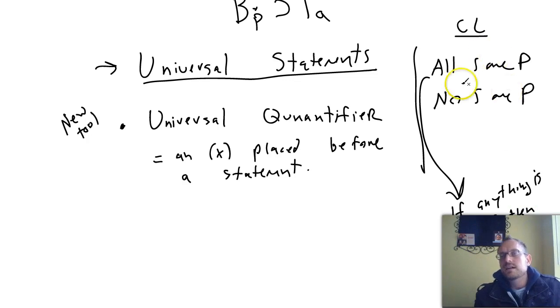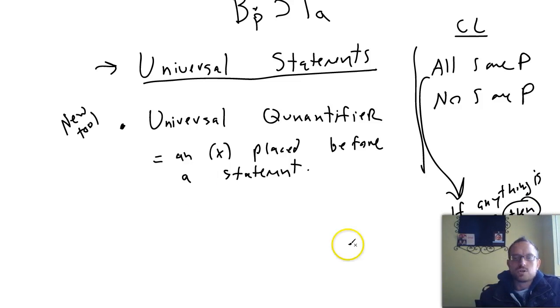That's really another way of rephrasing the statement. So if we said no S are P, it would be if anything is an S, then it is not a P, right? Notice the language of then. Whenever we use the term then in propositional logic, we use the conditional, the horseshoe here. Or if you're using a keyboard, it looks sort of like that, right? But we're using the conditional.